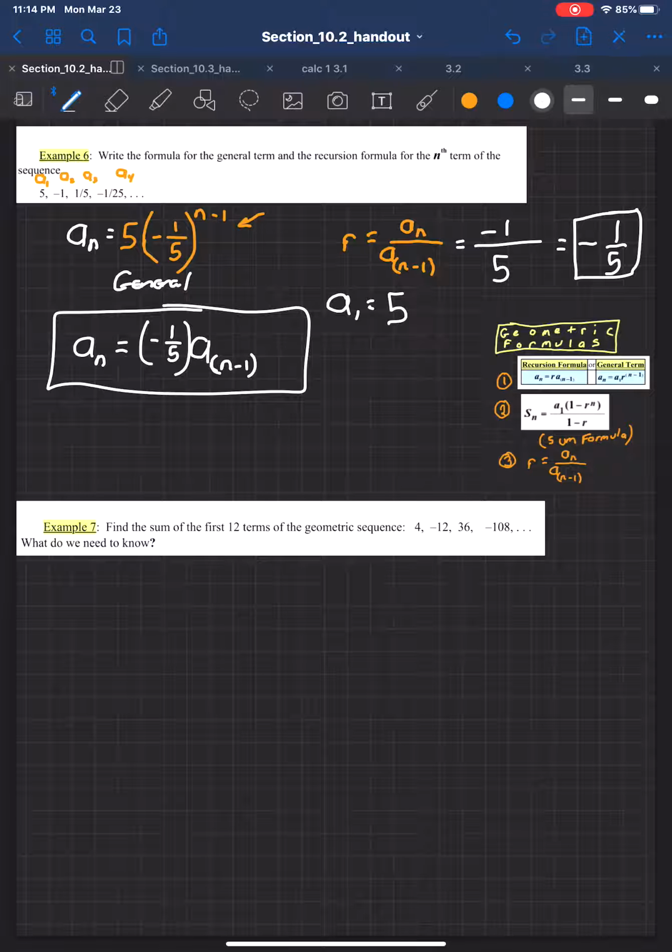Okay, so these are our two formulas for a sub n. So what if we actually want to be able to start adding up some numbers?